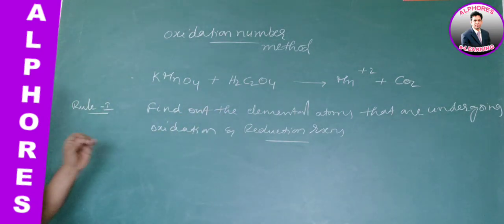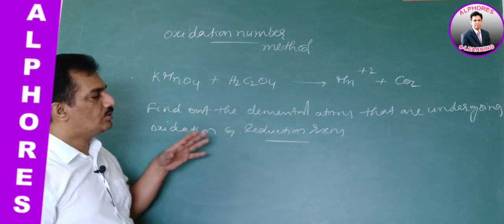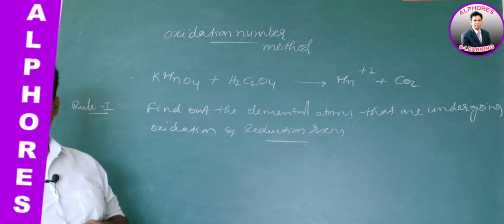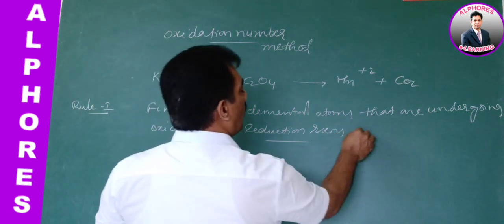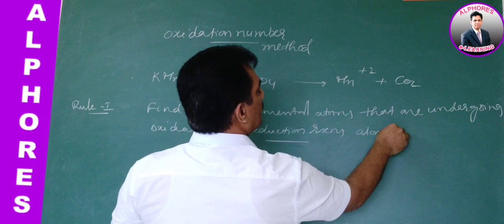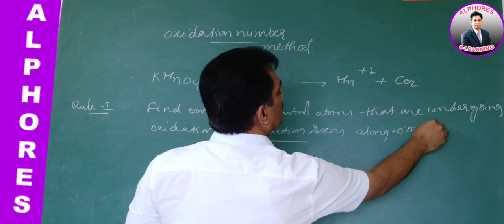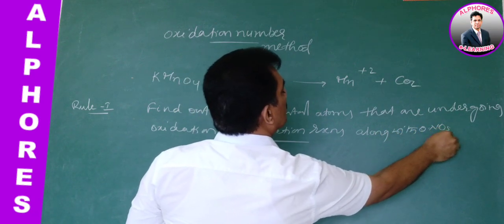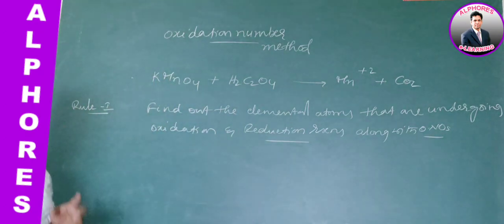In the first rule we have to find out the elemental atoms that are undergoing oxidation and reduction, along with oxidation numbers. We have to find the oxidation numbers along with this.